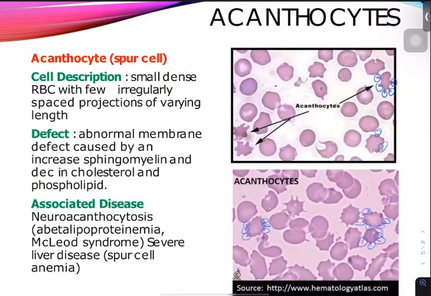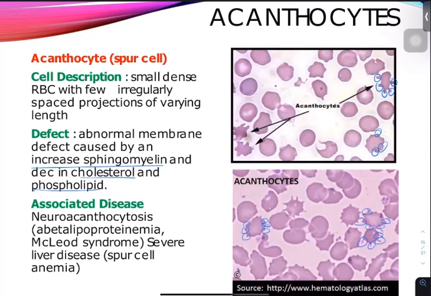Yan, iba-iba. Then, your defects, normally this is seen in your abnormal membrane defect. Okay? Which is caused by your increased sphingomyelin and decrease in cholesterol and phospholipid.